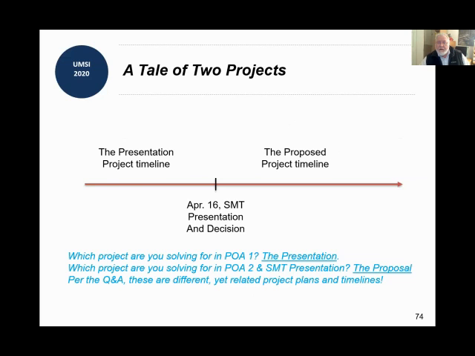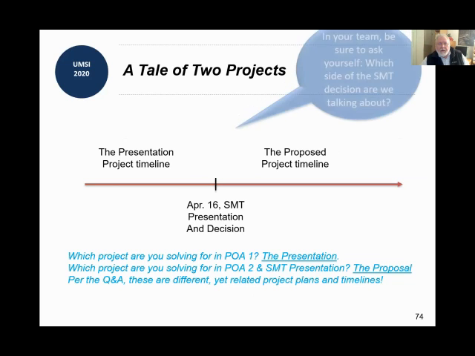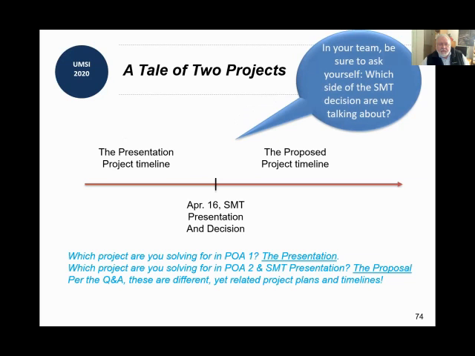A reminder about how you're looking at the two timelines and the two plans of action, or POAs. POA 1 gets you from now to the presentation on April 16th, and POA 2 is the proposal and supporting report for what you're selling to the senior management team to persuade them to commit to doing it.